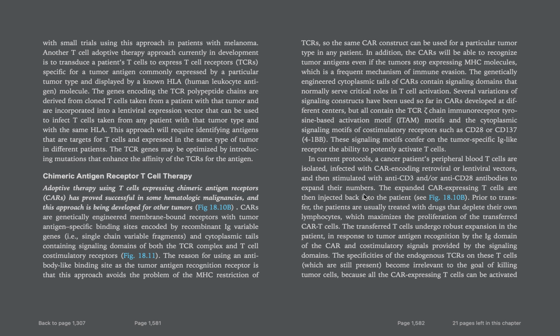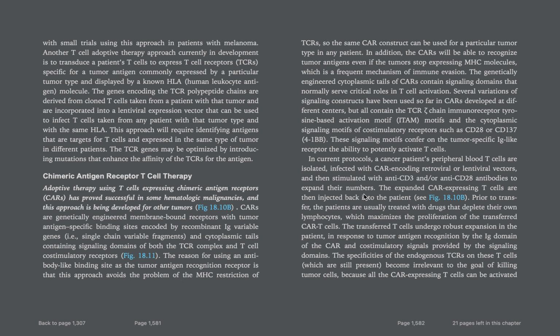The genes encoding the T cell receptor polypeptide chains are derived from cloned T cells taken from a patient with that tumor and are incorporated into a lentiviral expression vector that can be used to infect T cells taken from a patient with that tumor and with the same HLA.